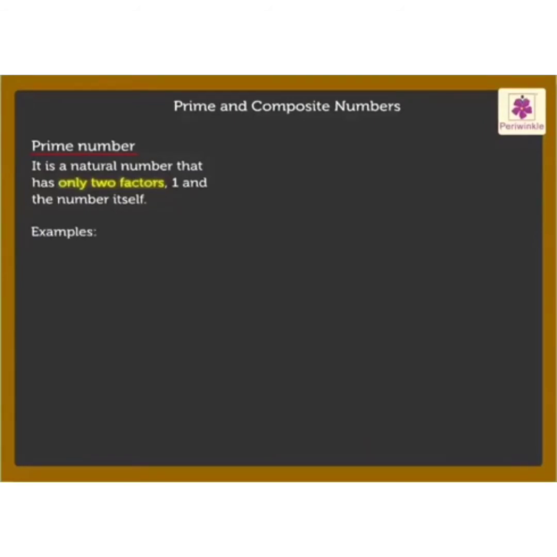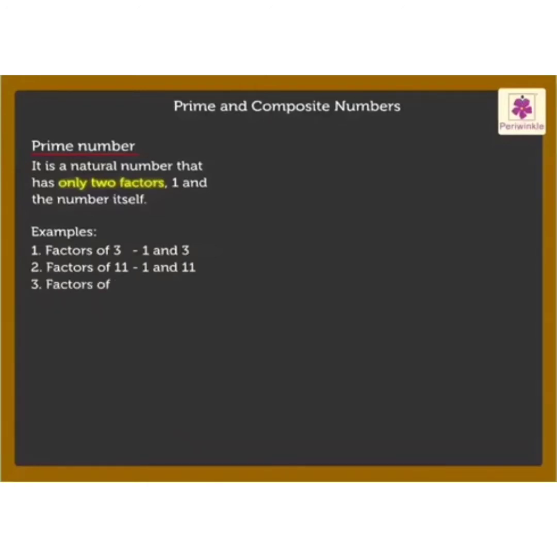Look at these examples. The factors of 3 are 1 and 3. The factors of 11 are 1 and 11.